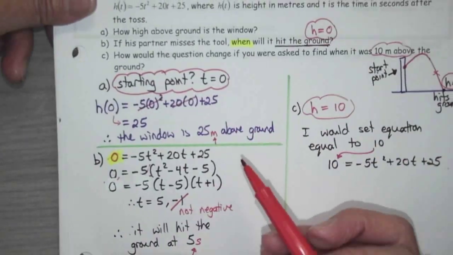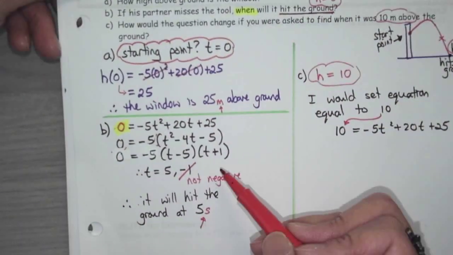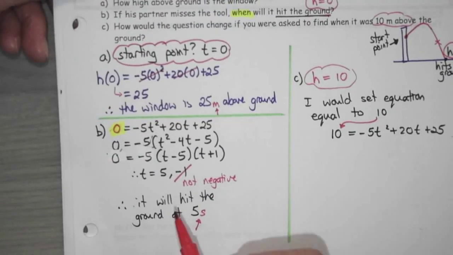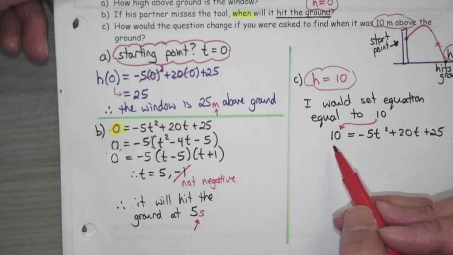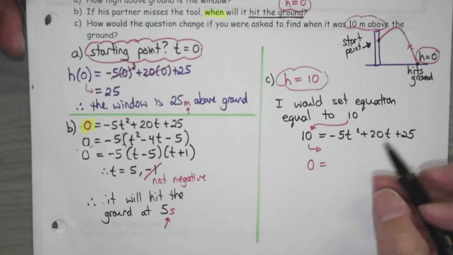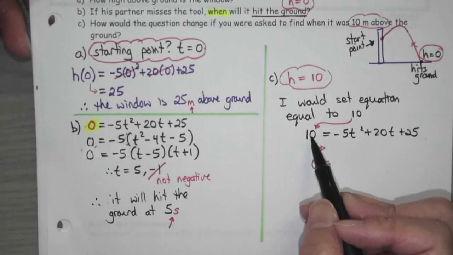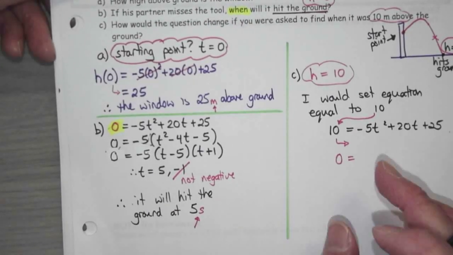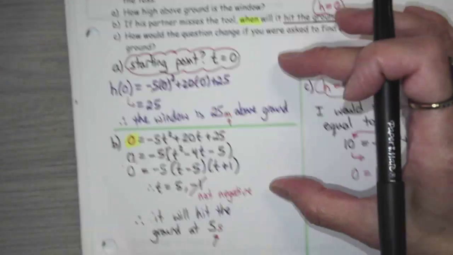That's why I was showing you the difference. T0 is for time, H0 is for the height. So you've got to talk to yourself: am I finding time or am I finding height? Which one do I have? So it goes there. Then you would bring it over, 0 equals, etc., and solve it that way. But you have to know if you're finding T or H. That's the conversation you want to have in your brain: am I given height or am I given time? Look at those 2.